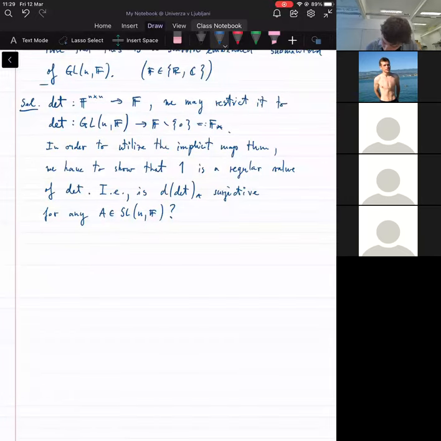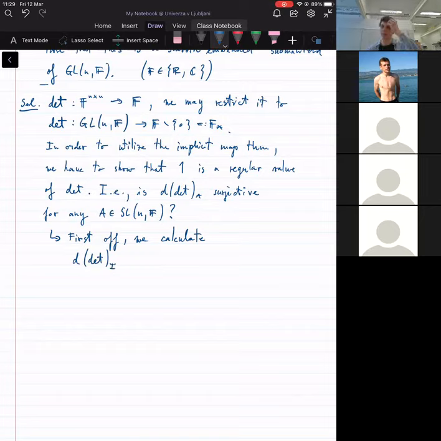First off, we calculate the derivative of that at the point I, the identity matrix, which is of course in the special linear group.